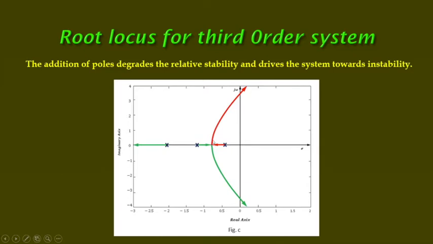Therefore, the modified system is not completely stable for all values of gain K. As gain K is increased from 0 to infinity, this root locus turns towards the right hand side of the S-plane and crosses the imaginary axis, that means j omega, after certain values of gain K. That means the addition of poles degrades the relative stability and drives the system towards instability.